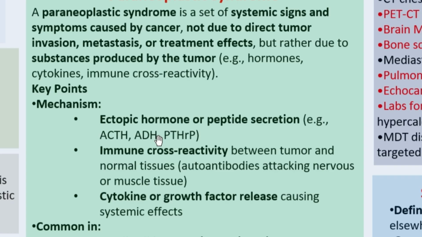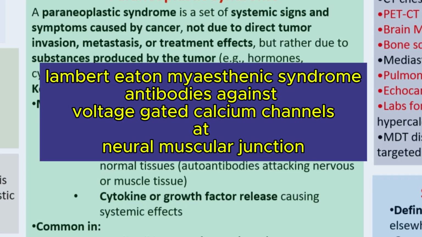Then when we look at the immune mechanism, sometimes these tumors produce antigens that attack the normal tissues. So we find the tumor is producing an antigen. The antigen is detected by an antibody, and it realizes these are foreign. But again, these antigens kind of resemble the ones that are in other places in the body, like the nervous system, which the body didn't know about before.